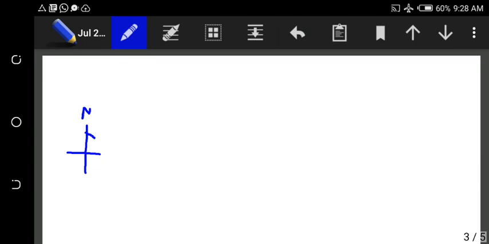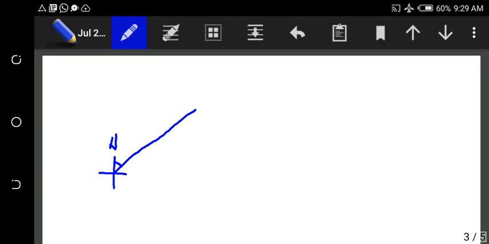That should be something like this. So this is north here. We'll move 25 degrees from here, and then we'll go up 15 kilometers.